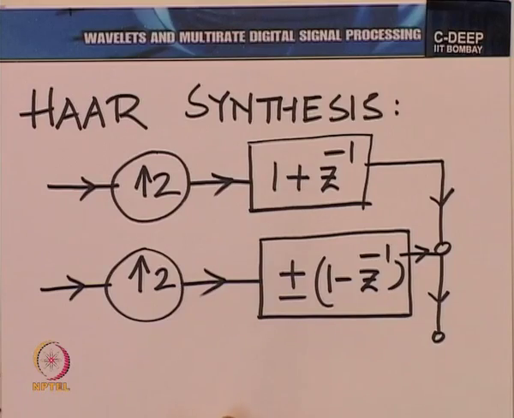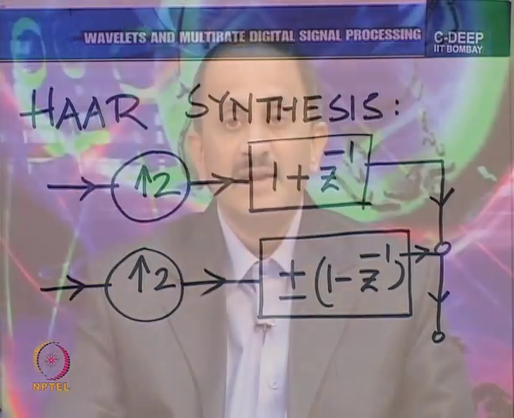What would the physical meaning of the ambiguity be? It would just determine where I place the sum sample and the difference sample. With a plus sign, the sum sample will get placed at the even locations and the difference sample at the odd locations. With a minus sign, it would be the other way around. So, let us leave that ambiguity for the moment.